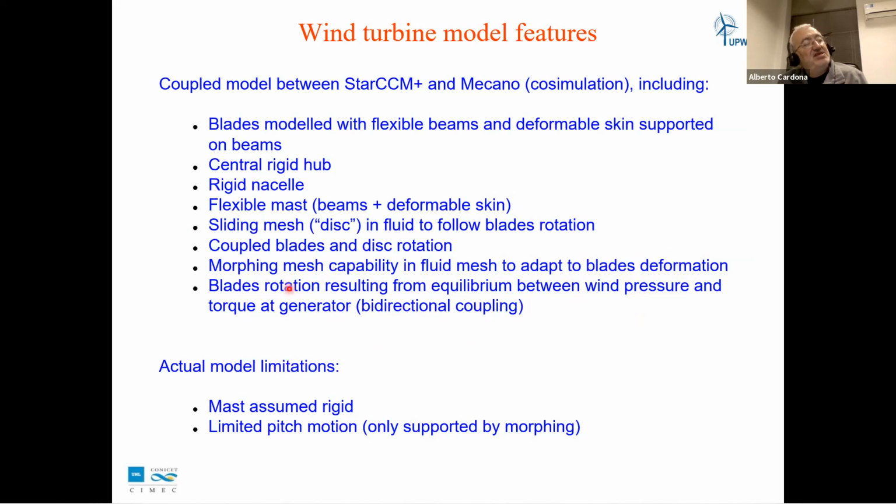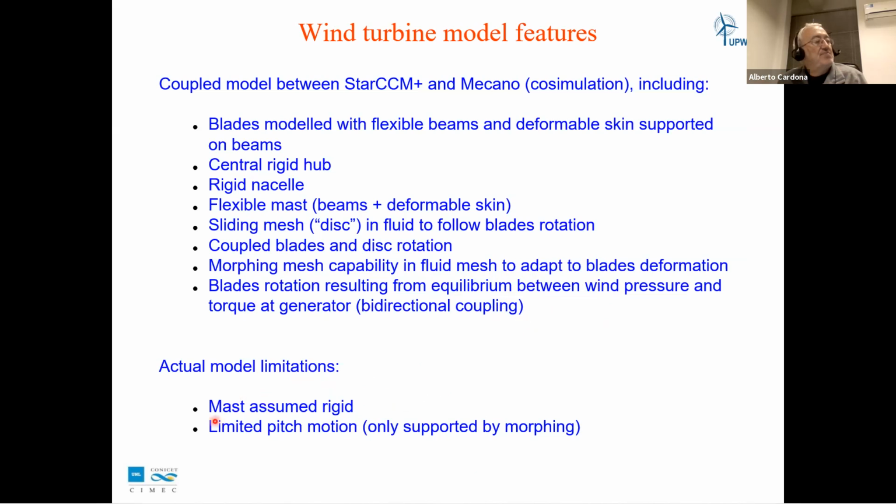And finally, the blade rotation speed is computed from an equilibrium between the torque produced by the wind pressure and the resistant torque at the generator. So what we are doing is a kind of bidirectional coupling. There's an equilibrium between what is computed in the fluid part and in the mechanical part.